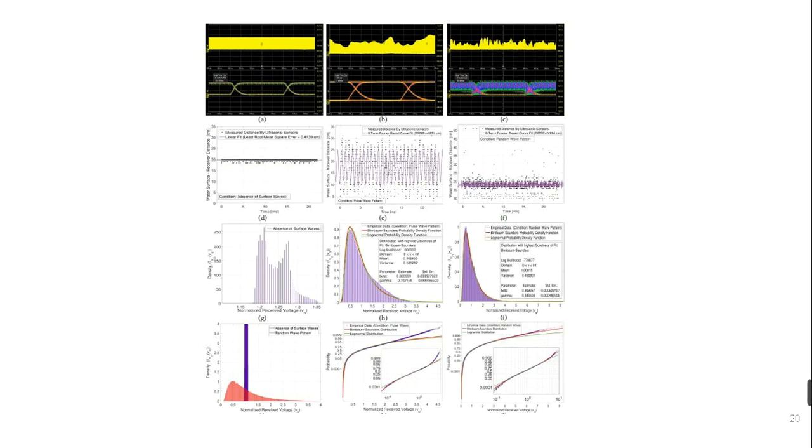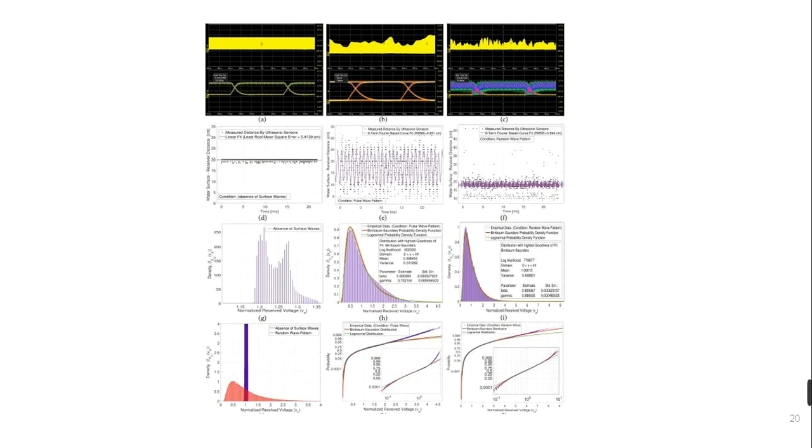D to F, ultrasonic surface mapping when the W2A interface has no waves, pulse waves, and random waves respectively. G to I, histogram and estimated period for the channel impulse response when the W2A interface has no wave, pulse wave, and random waves respectively.